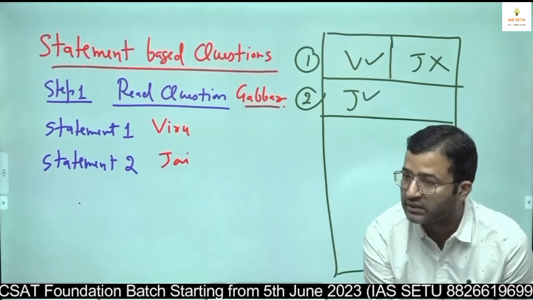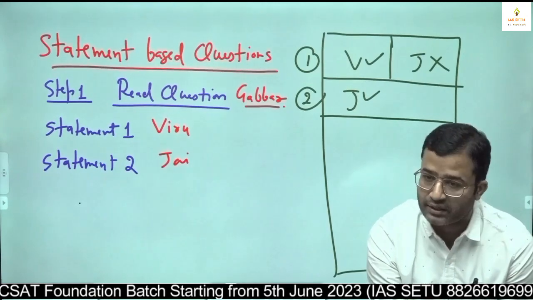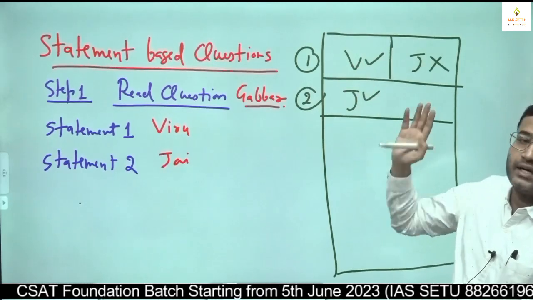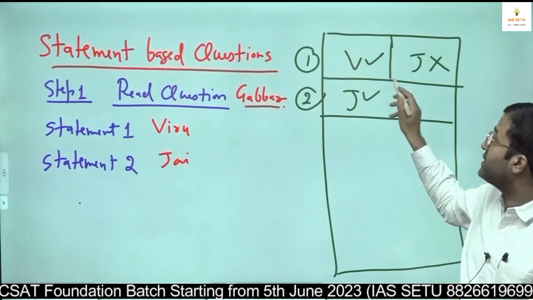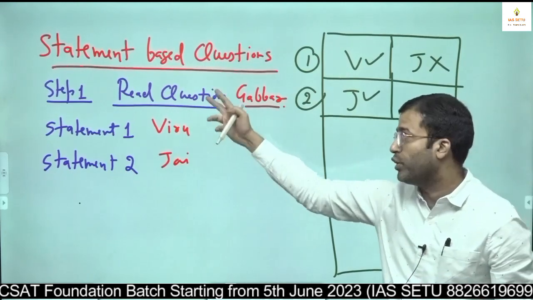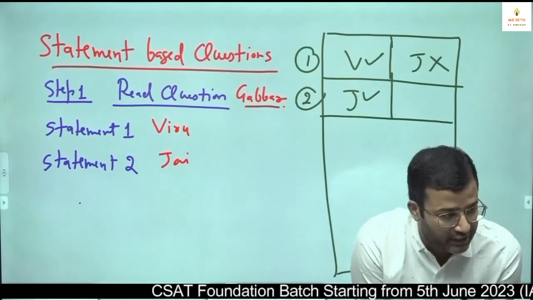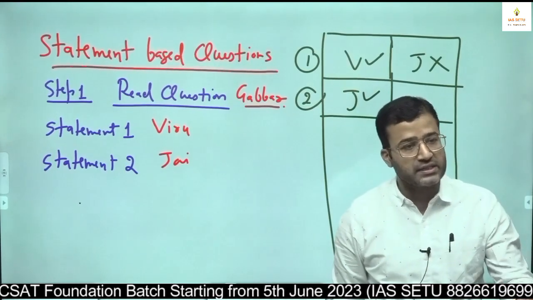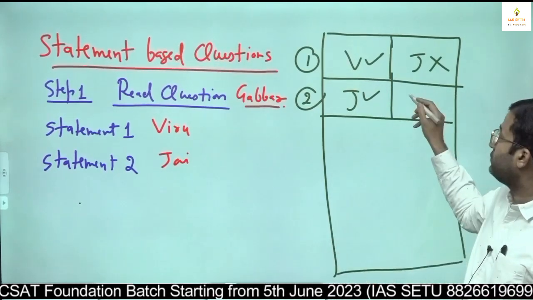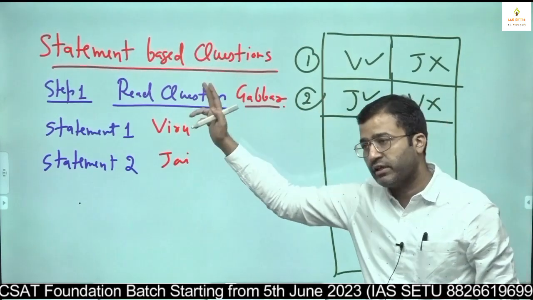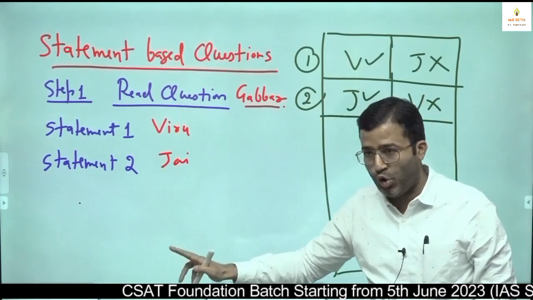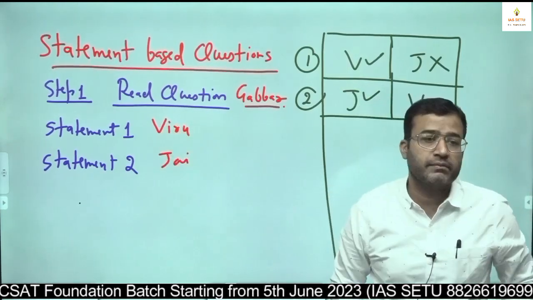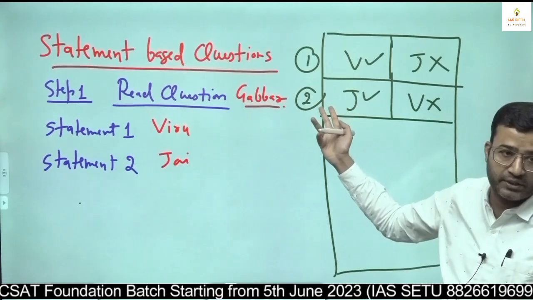Jay alone can defeat him, but Viru cannot. Second is Jay alone yes, means statement 2 alone is able to handle this question yes, but whereas statement 1 alone no. For second yes, for first no. I will say statement 1 alone yes, statement 2 alone no. Then your answer is this. If statement 2 alone yes, whereas statement 1 alone no, then your answer will be this.